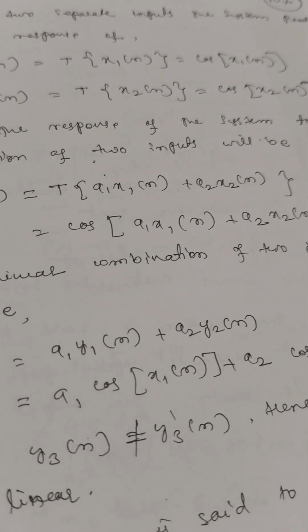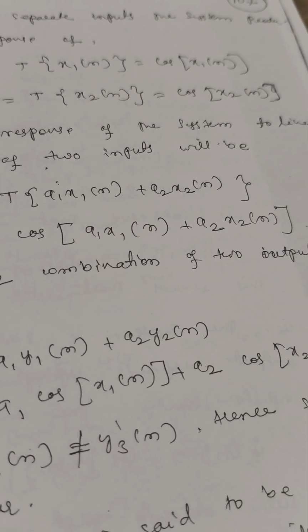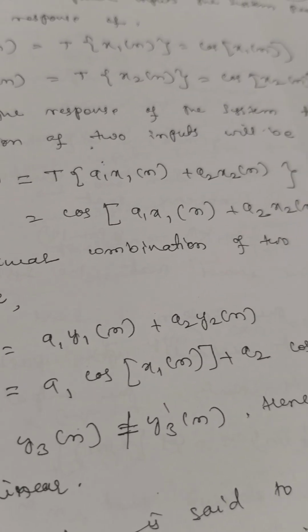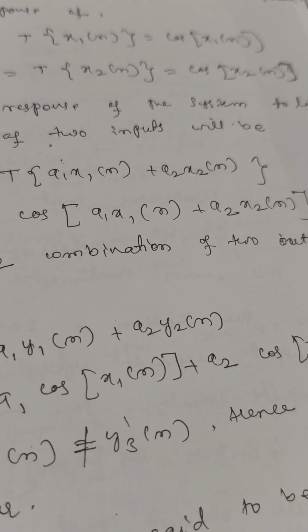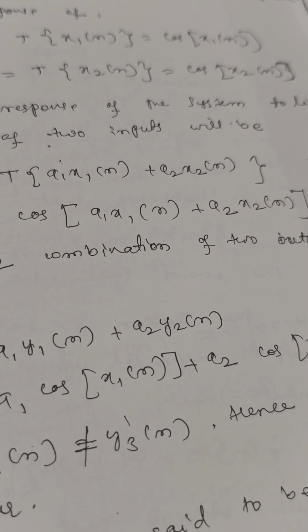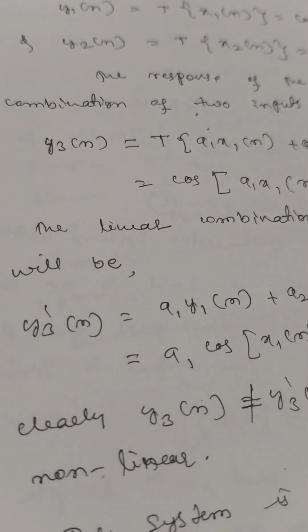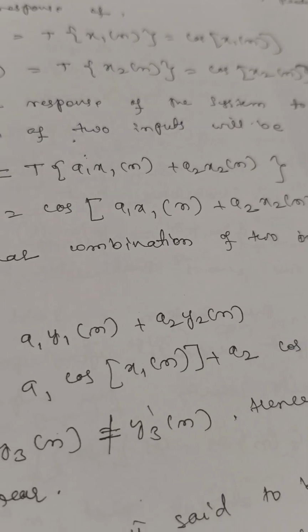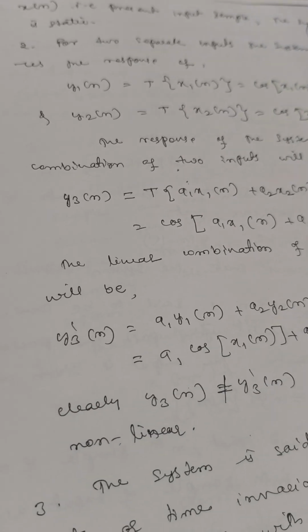Here we take cos as common and replace x of n by the combined input. Therefore, y3 of n will be equal to cos of a1 x1 of n plus a2 x2 of n. This is how the linear combination of two inputs is applied.